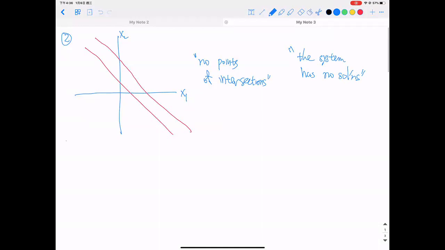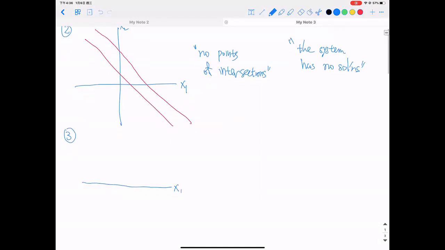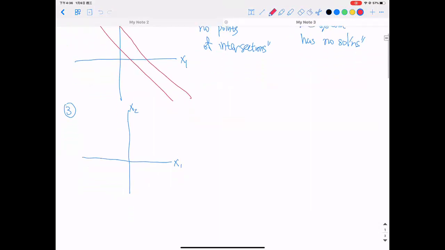Let's see. So the last possibility is this: x1, x2. Again, each equation corresponds to one line.